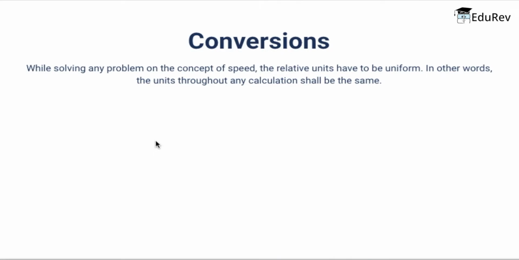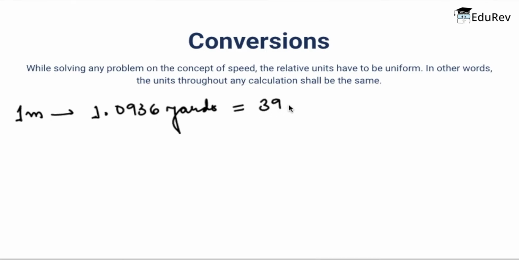Let's understand some conversions. Suppose you have to do a distance conversion. We know that 1 meter is equivalent to 1.0936 yards. Or I can say this is equal to 39.370 inches.